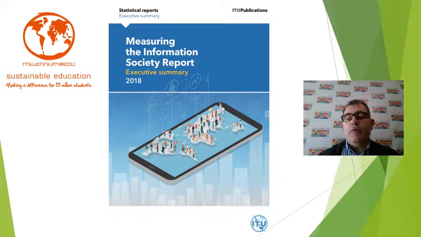It will be in one way related to the SDG framework indicators, but with more detail, more specific, and is a very important document to understand what the countries are doing to develop the information society. And this works as an enabler of the knowledge society.